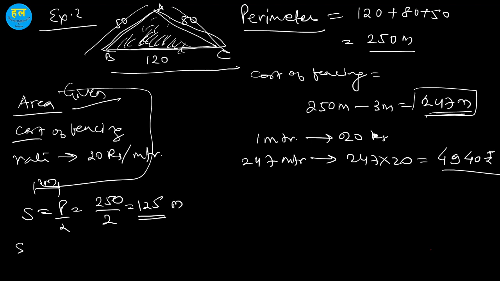Then we want S minus A, S minus B and S minus C. S minus A is 125 minus 120, 125 minus 80 and 125 minus 50. So this will become 5, 45 and 75.